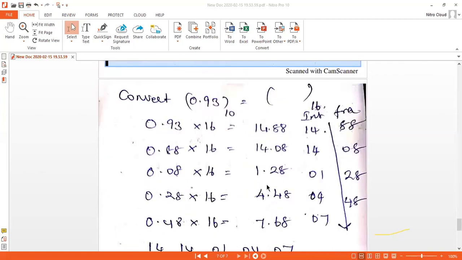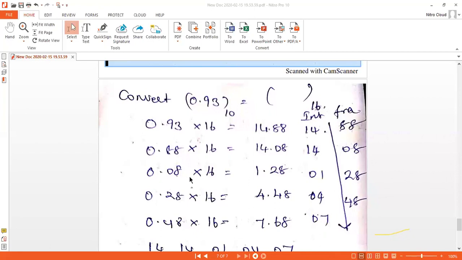So now for hexadecimal, multiply by 16, right? The same procedure. Now 0.93 into 16 equals 14.88. So integer separate, fraction separate. 14, 88. Then I take this 0.88 fraction part alone to the next step, into 16 is 14.08, then 14, 08. It means 0.08. That's the meaning.